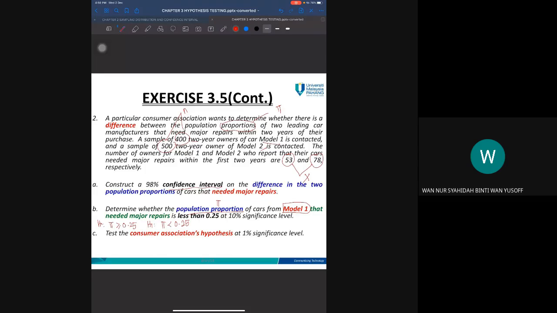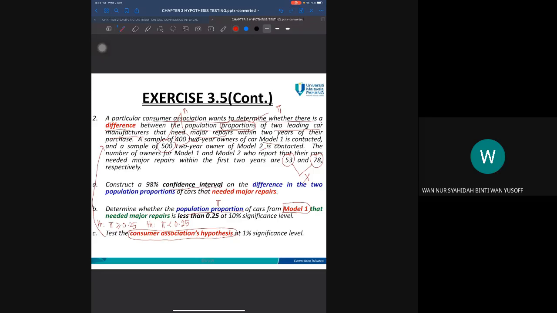So thus the consumer association hypothesis at 1% significance level. The hypothesis is based on this statement, consumer association. Back to the story, the consumer association wants to determine whether there is a difference between the population proportions of the two leading car manufacturers that need major repair.